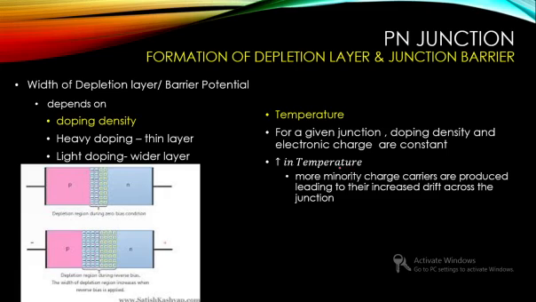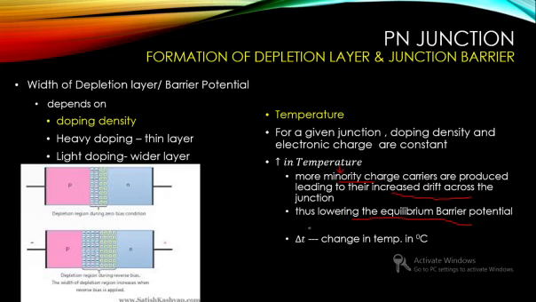Due to temperature, valence band electrons are broken from the covalent bonds, and that leads to the formation of minority charge carriers, isn't it? So there will be more minority charge carriers with very high drift velocity across the junction. Correspondingly, the depletion layer will decrease or the barrier potential will lower.